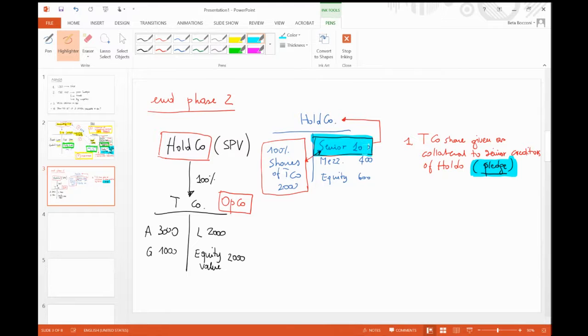Can you tell me with what this senior creditor will be repaid principal and interest throughout the life of this senior debt? We are talking about the senior creditors of the holding company, okay? If you want to use the chat, I would like you to answer my question. Which is the only source of repayment for the senior debt of the holding company, the company that now owns TICO company?